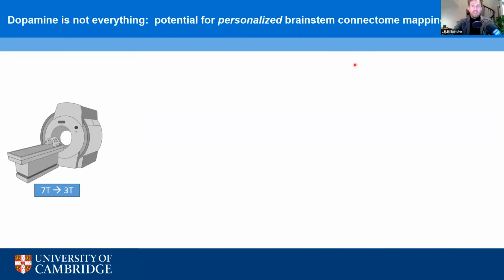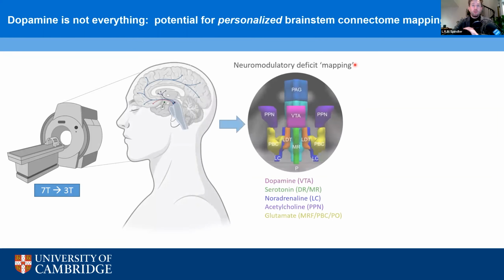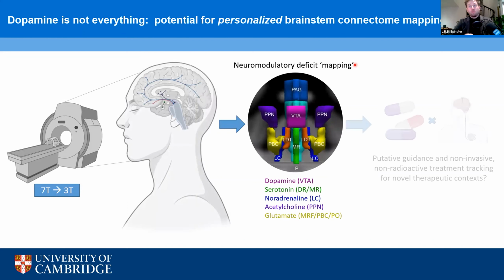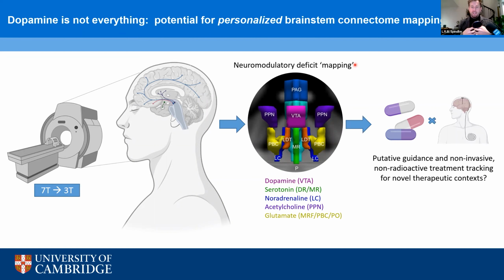But overall, one last thing that I just wanted to say is that, of course, dopamine isn't everything. And what we really should be looking into is to have real guidance derived maybe by personalized brainstem connectome mapping.